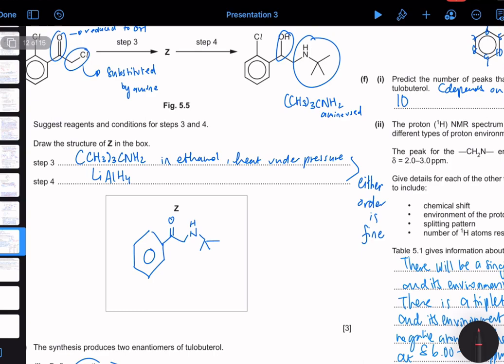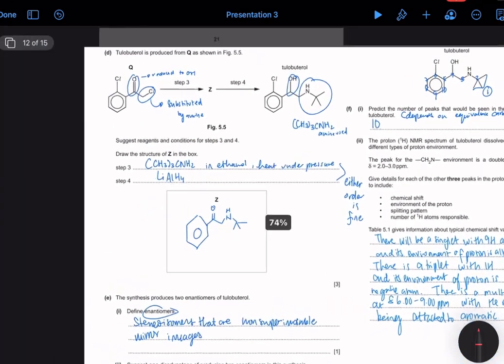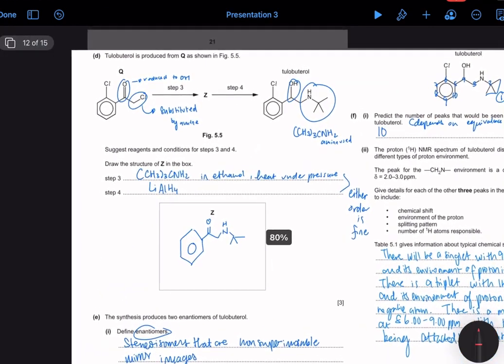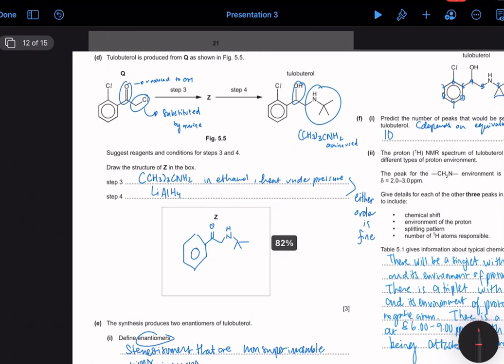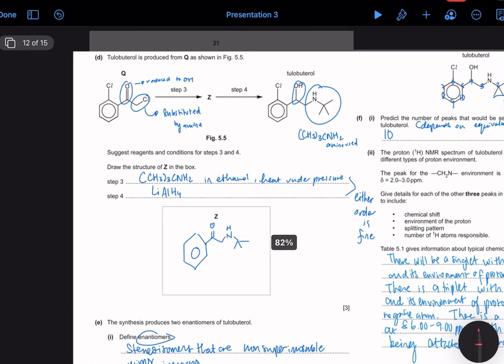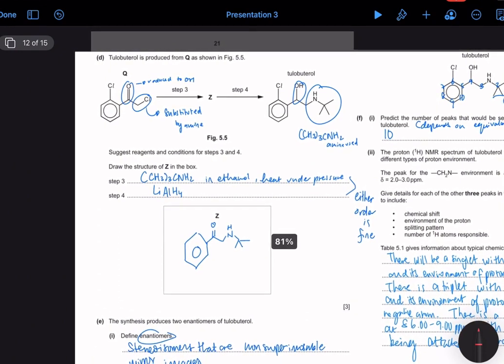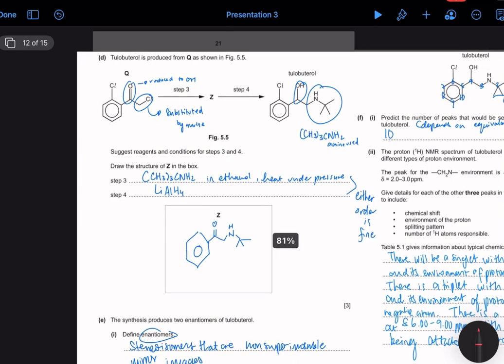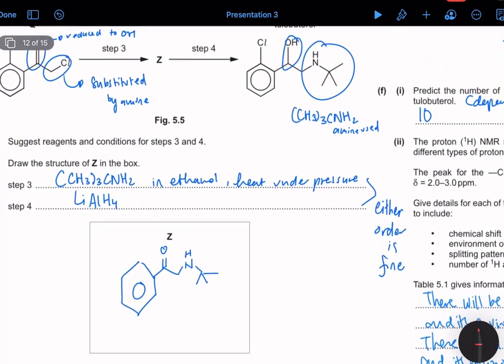Okay, tolubuterol is produced from Q. Alright, okay, so we can see the difference: O into OH and the removal of Cl, and you substitute your amine. Okay, alright, suggest the reagents and the conditions. So obviously you want to reduce your double bond O into OH, right? So yeah, you can do that.